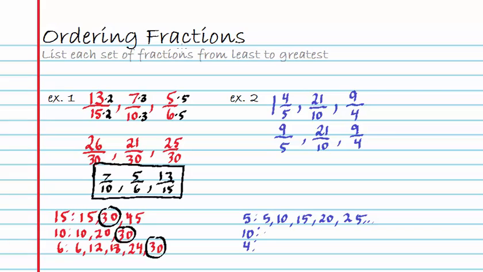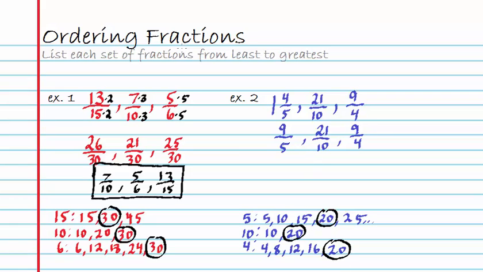So then for my multiples of 10, we have 10. 10 times 2 is 20. All right, so 20 is in both sets so far. So let's just double check to make sure it's in the third set. So 4, 8, 12, 16, and 20. So as you can see, 20 is my least common multiple for this example.